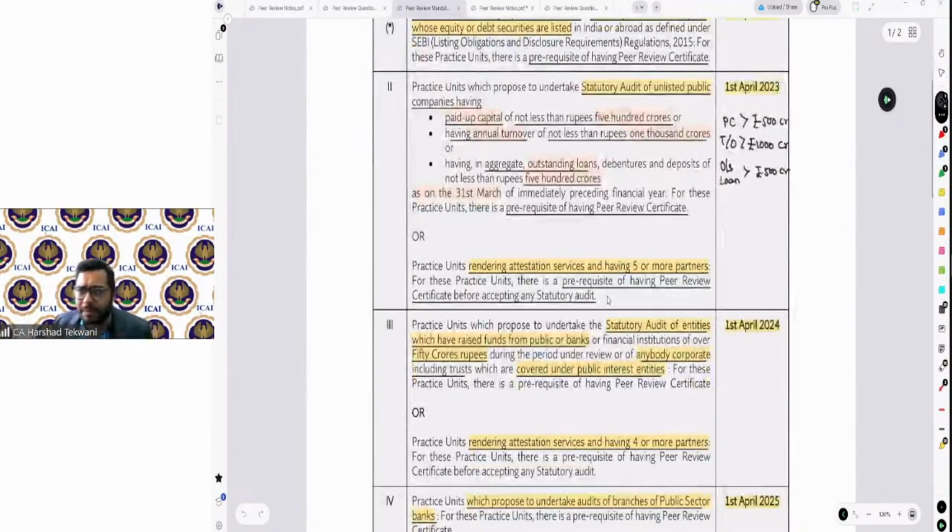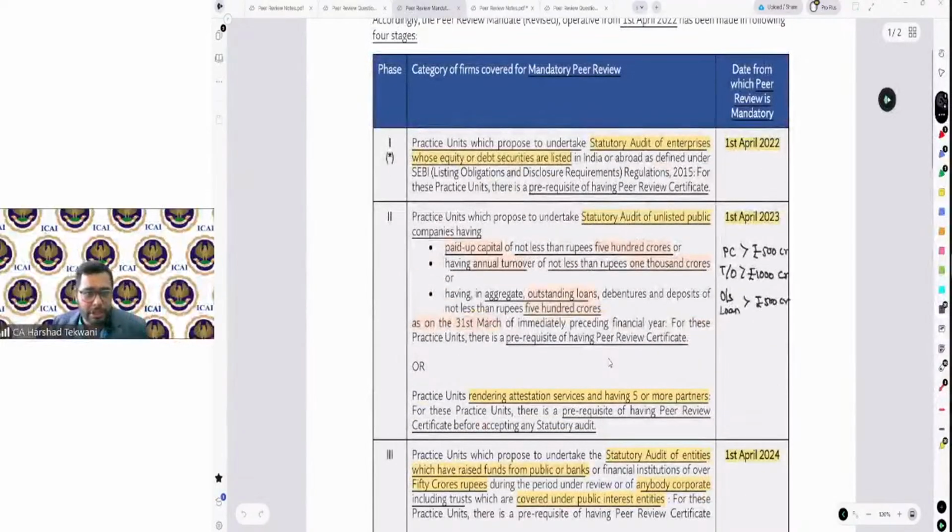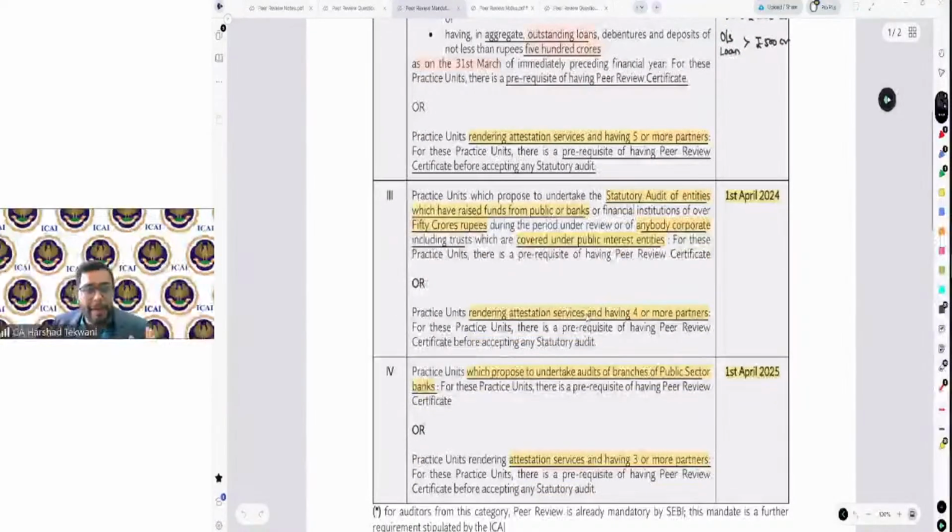We discussed this peer review mandate in the last lecture in detail. Or if they have these or more partners. So if a firm falls in any of these particular conditions, then it becomes mandatory for them to get the peer review certificate.